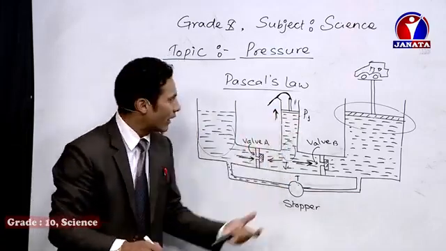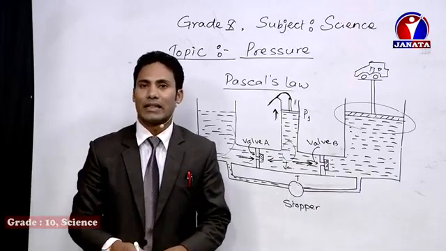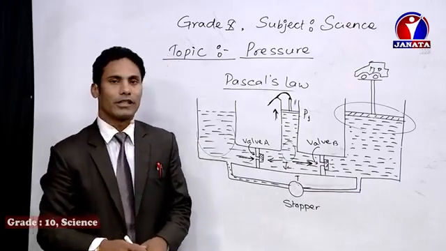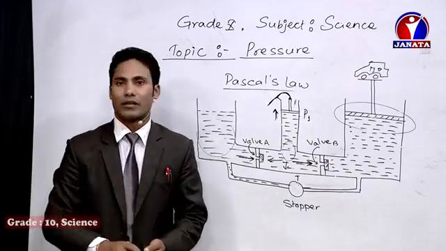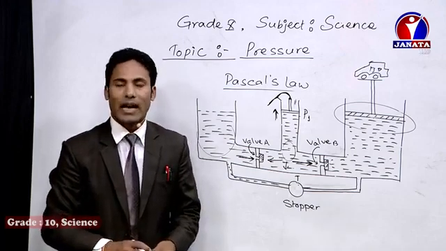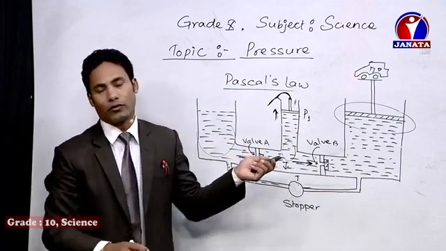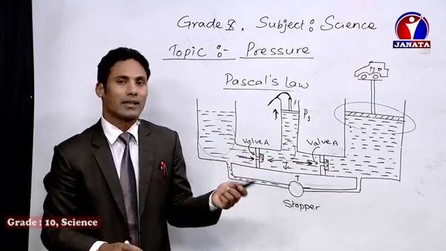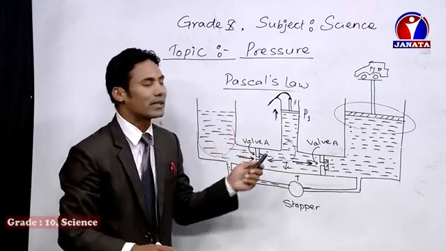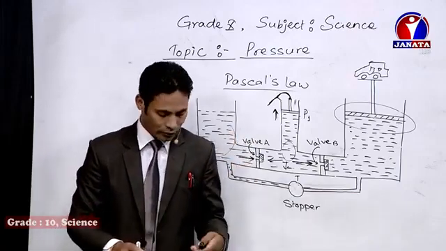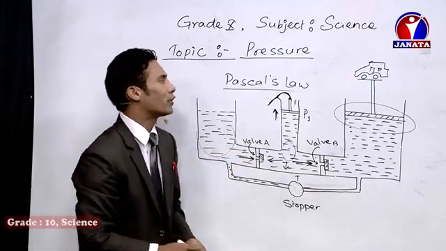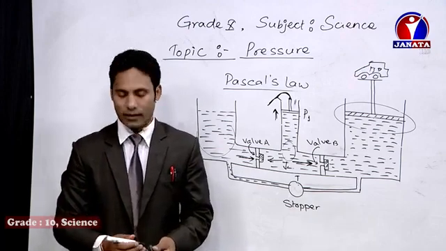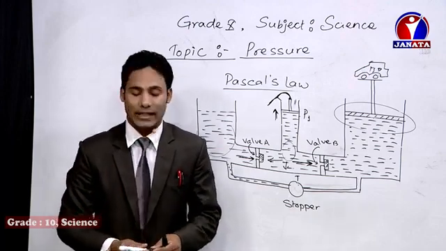In this way the hydraulic garage lift works, and it is especially used for the maintenance of vehicles. You might have seen it in car cleaning and at car service centers, where hydraulic garage lifts are used. So this is also an application of Pascal's law in our day-to-day life.